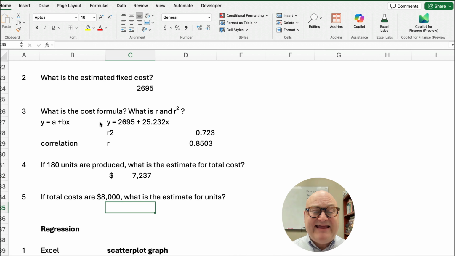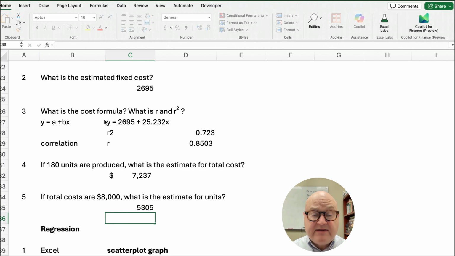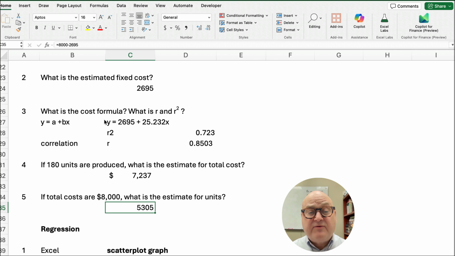Now, what if our costs are 8,000? We plug in the 8,000 as Y, and we're going to have to do the math on this. So we're going to take 8,000 minus the 2695. Okay, we're going to get 5,305 is going to equal 25.232x.